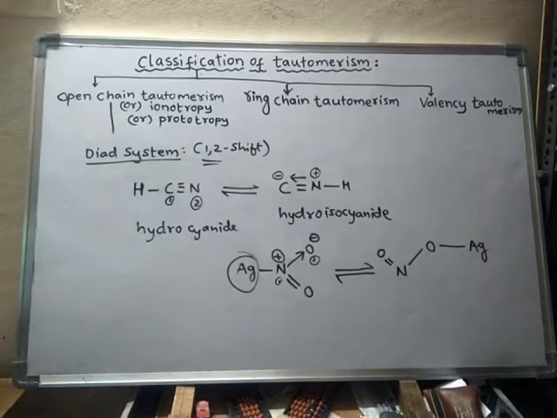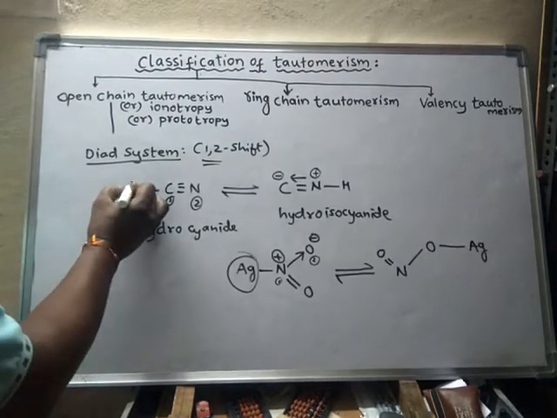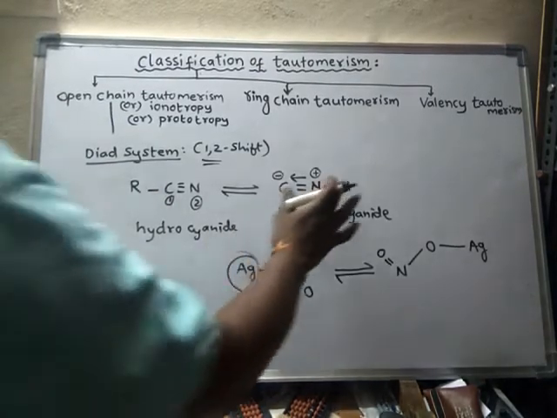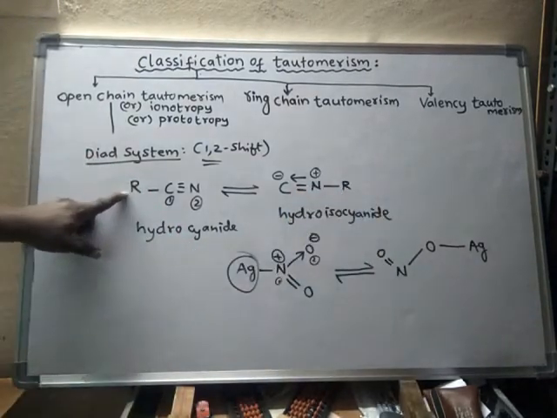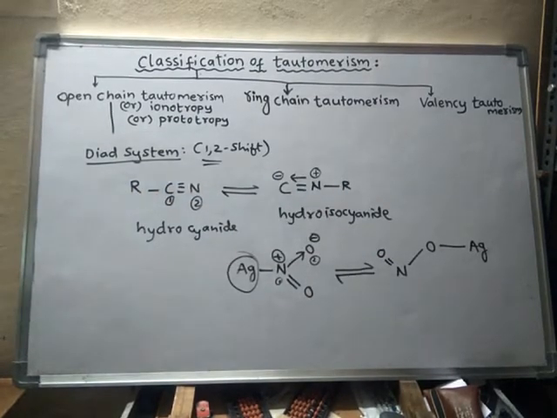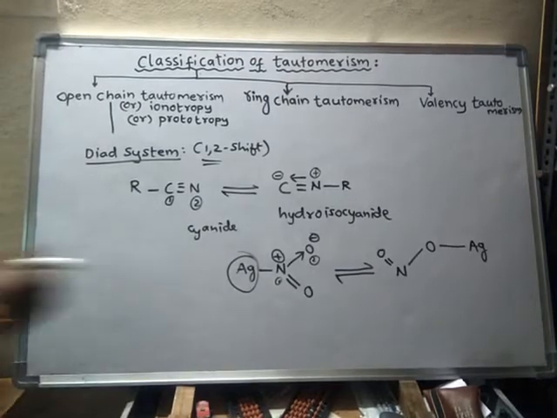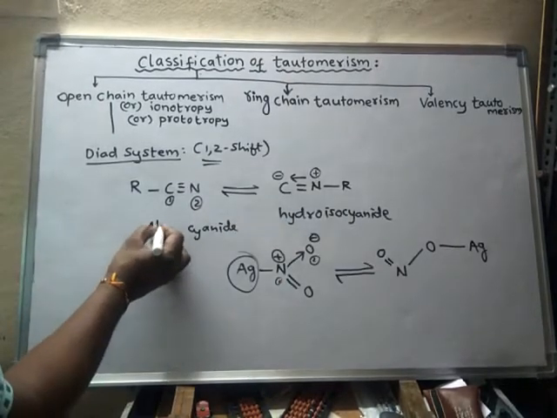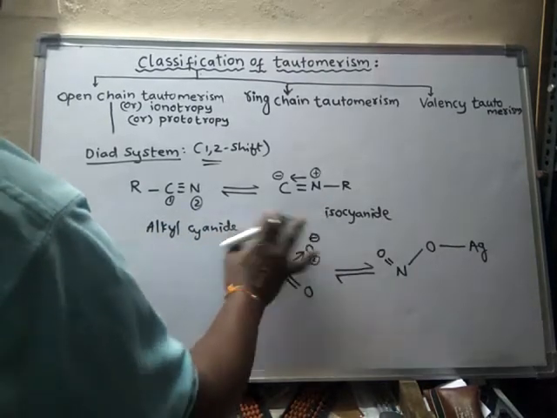One more thing. Suppose instead of hydrogen, an alkyl group is present. That means the alkyl group will shift from carbon to nitrogen. Now it is called alkyl cyanide and alkyl isocyanide.